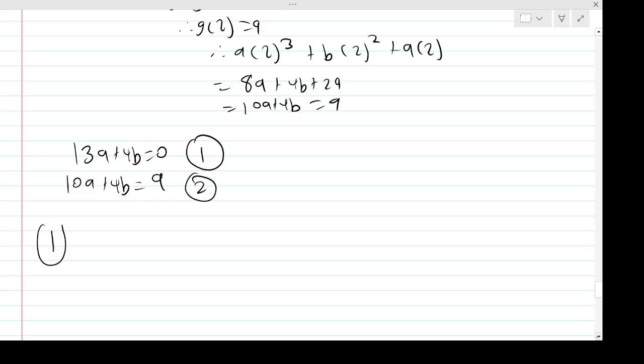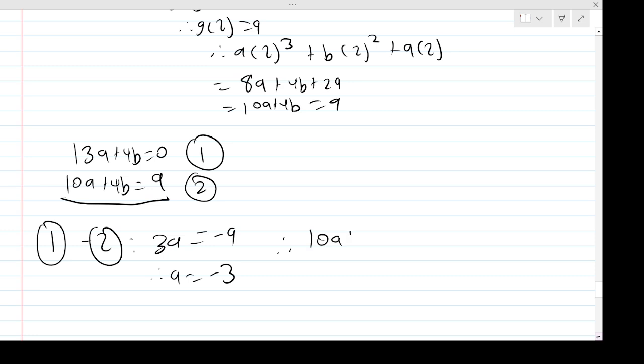So if I do the first one take away the second one, 13a take away 10a is 3a, then 4b take away 4b is 0, then 0 minus 9 is minus 9. Therefore a is minus 3 if I divide by 3. So that's my a value. Therefore b, if I substitute that a back into either equation, let's substitute it into the second one.